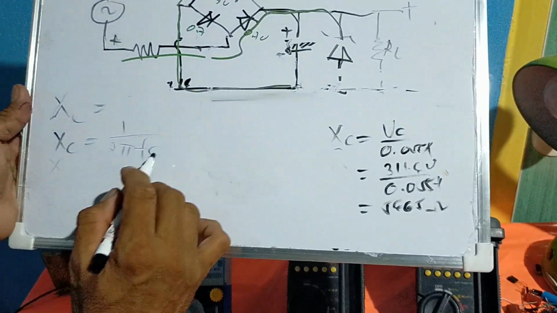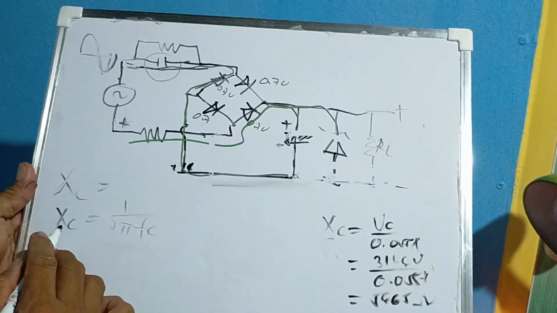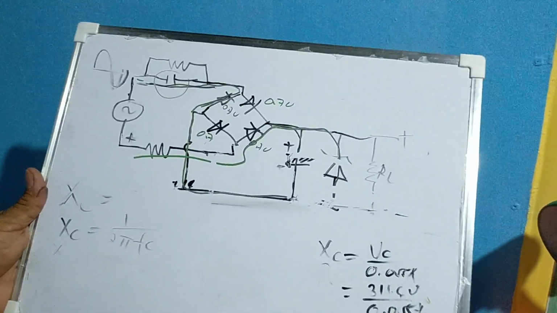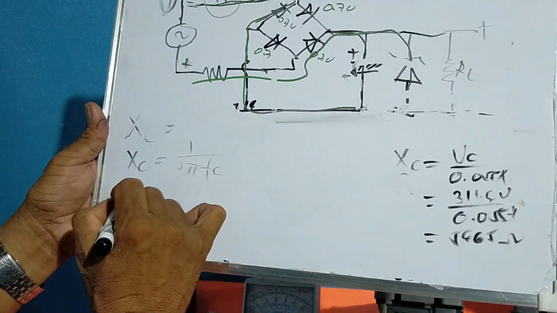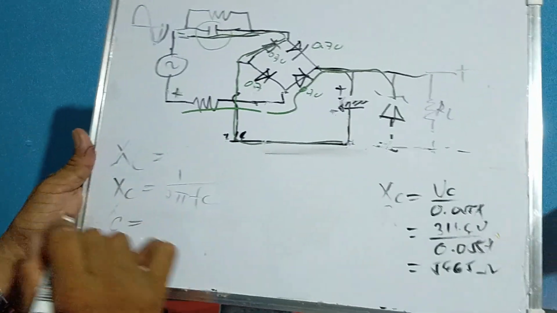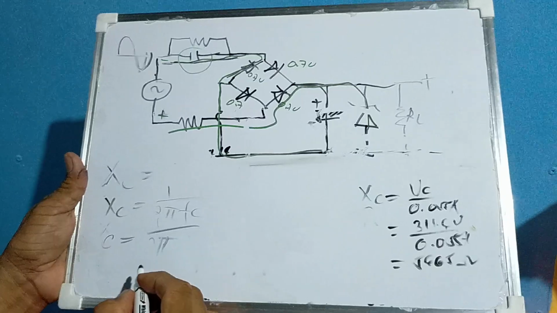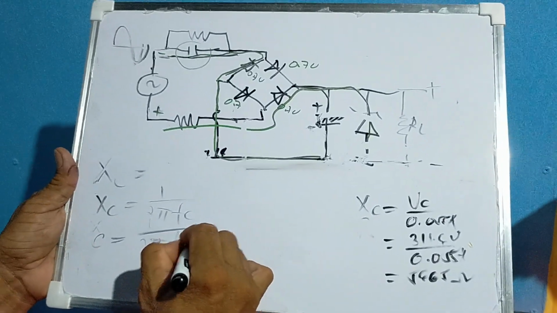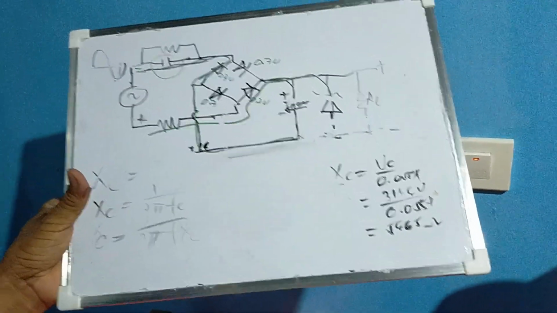What is unknown here is the C, or the capacitance. We got already the Xc, or the capacitive reactance. So therefore, let us derive the formula to get the capacitance. C is equal to 1 over 2 pi F Xc.